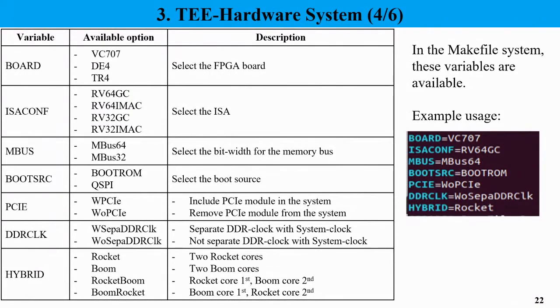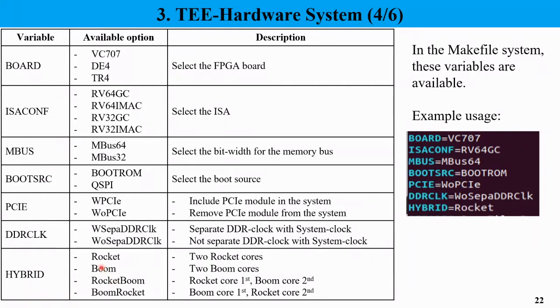The following table illustrates the configurability of the hardware generator. Right now, we support three FPGAs: the VC707, the Xilinx VC707, and the Altera TE4 and TR4. You can set the ISA extensions and the word size here, and you can also configure the hybrid connections of the processor.